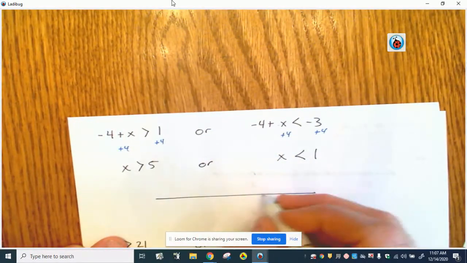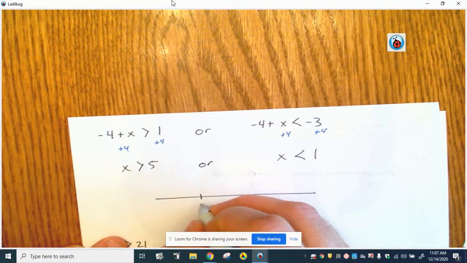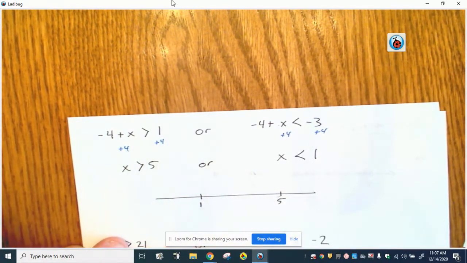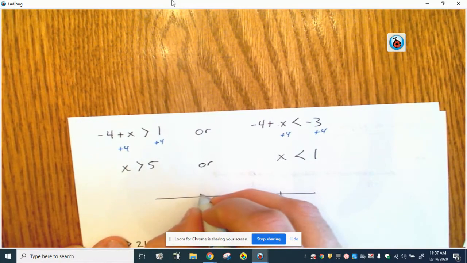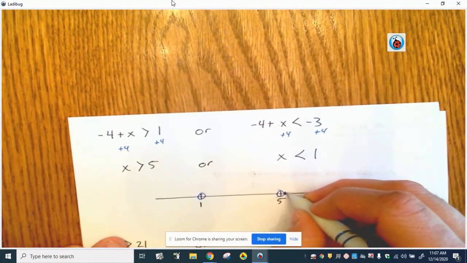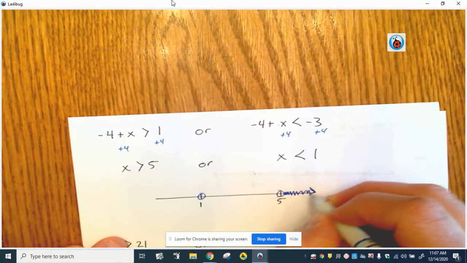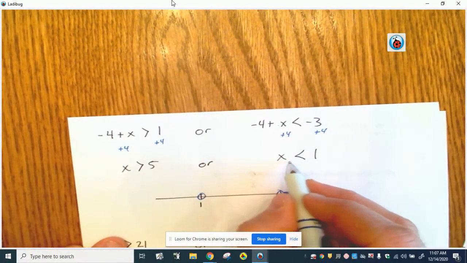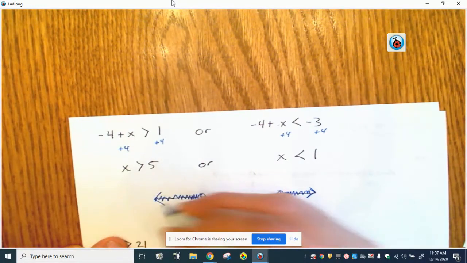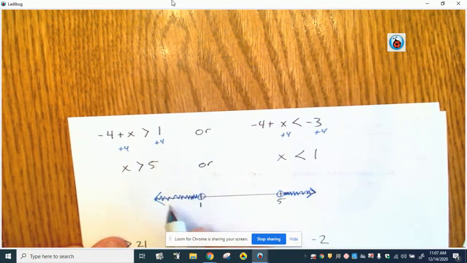So graphically, I'd have a 1, I'd have a 5, they'd both be open circles. x is greater than 5 means it's got to be to the right of 5. x is less than 1, which means it's left of the 1. So, "or" I'm either or.